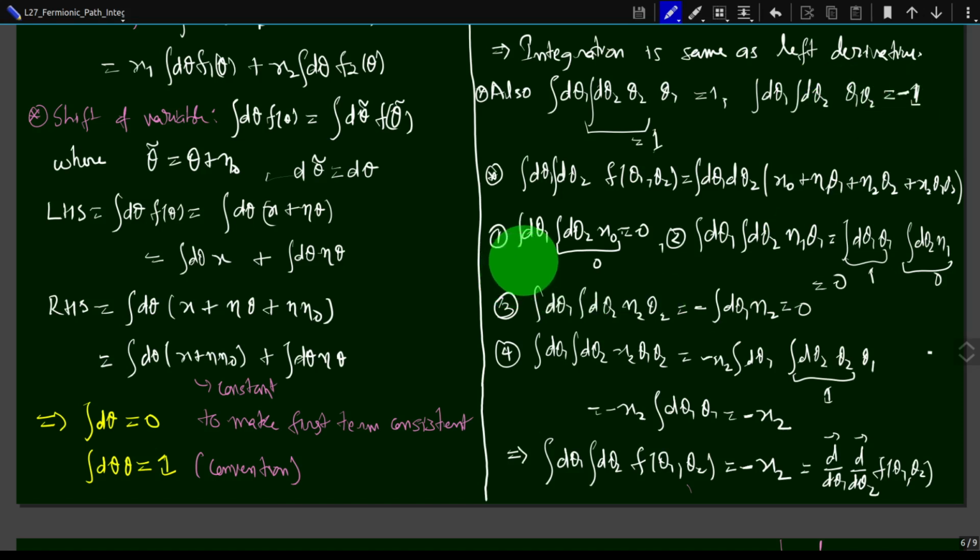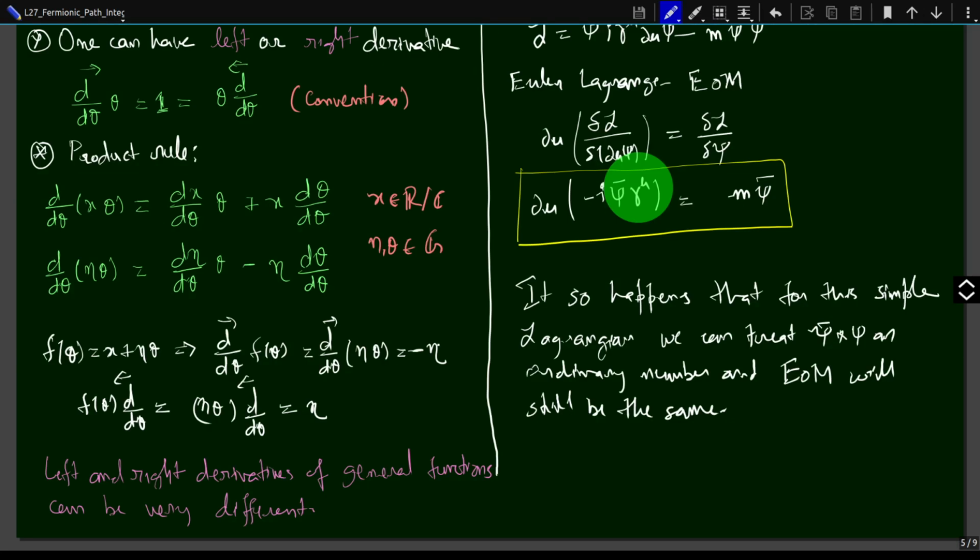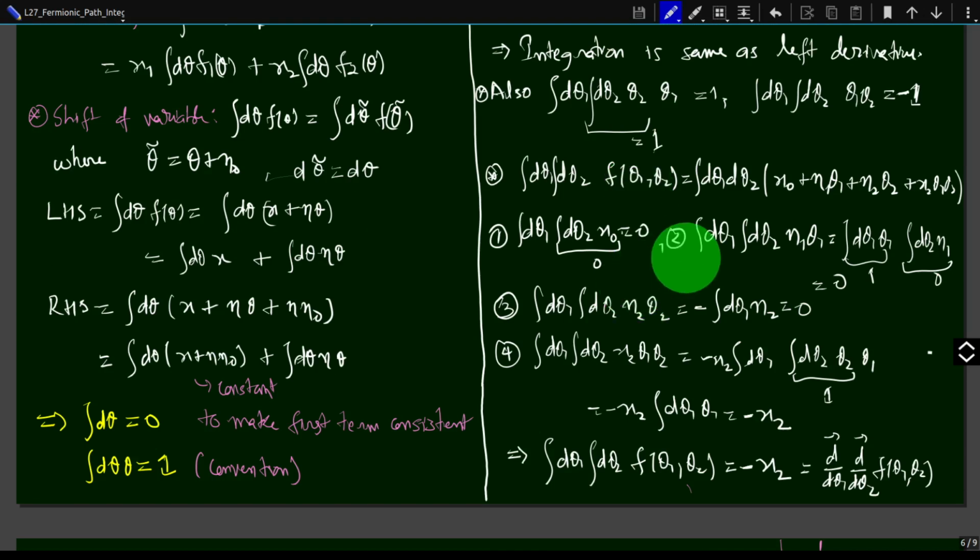Okay, so let's do the two-dimensional integral of the function of two variables that we described a couple of slides ago. Here I can have several terms. d theta 1 d theta 2 of x naught is 0, because d theta 2 of any constant is 0, and then d theta 1 of that 0 will be 0 anyway.